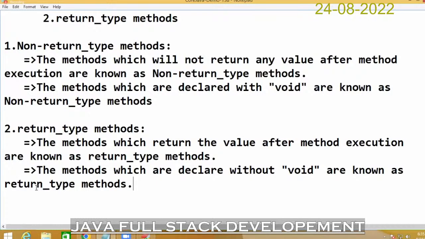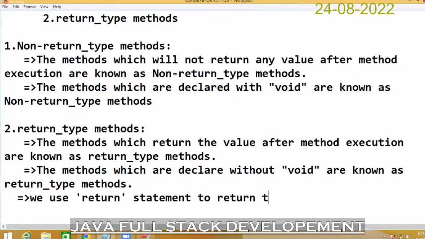Third point I am writing. This third point I must show diagrammatically to you, but I am recording. We use the return statement to return the value after method execution.